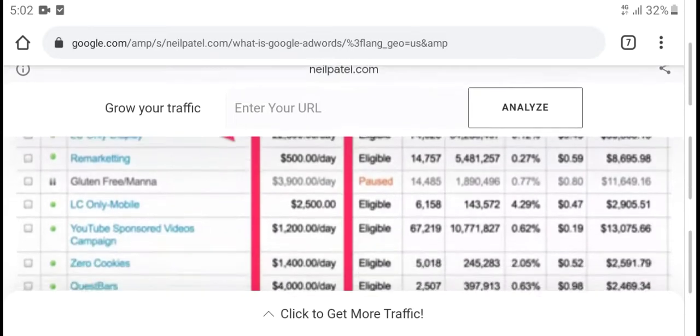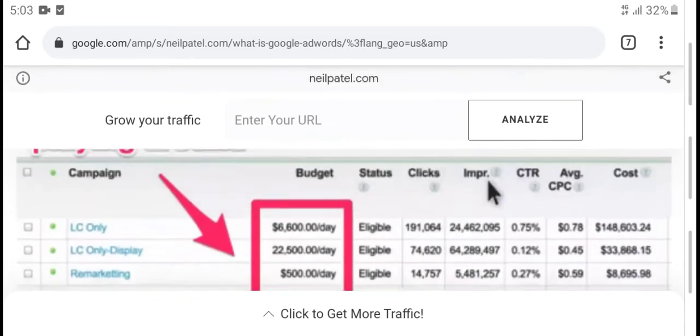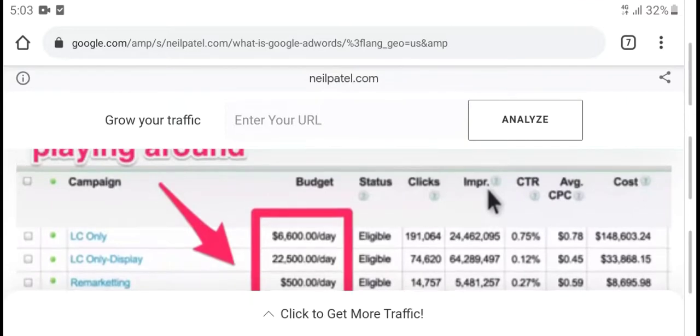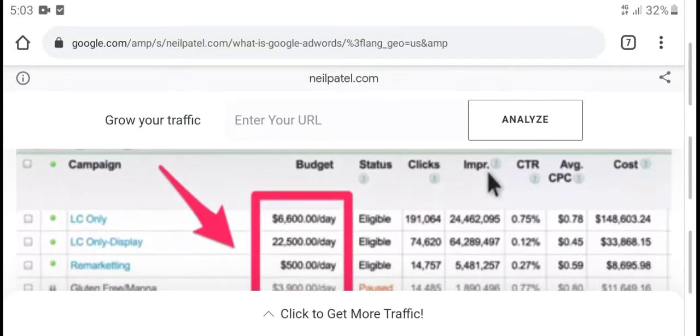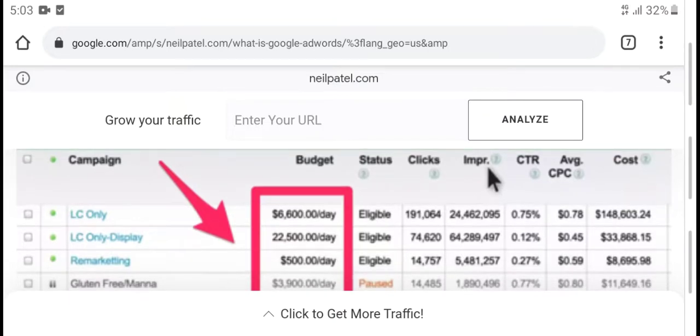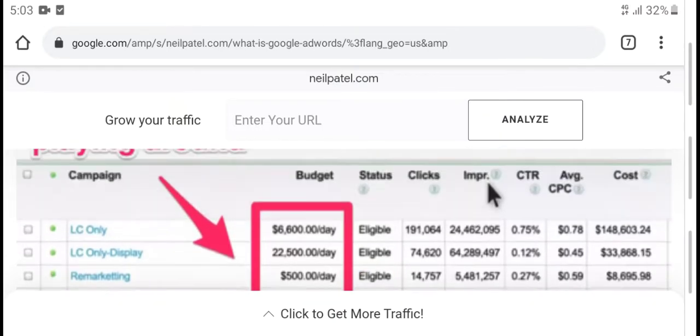Eligible views, status, eligible clicks, impressions, CTR, CPC cost.